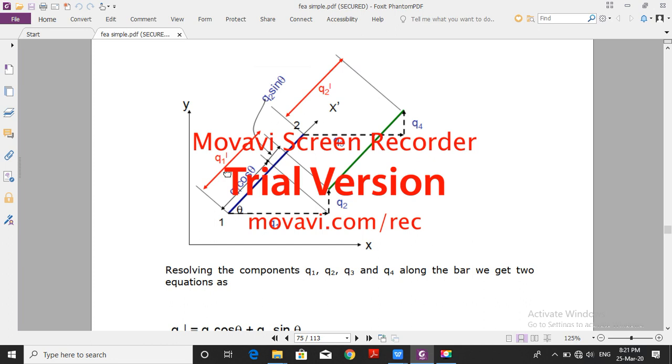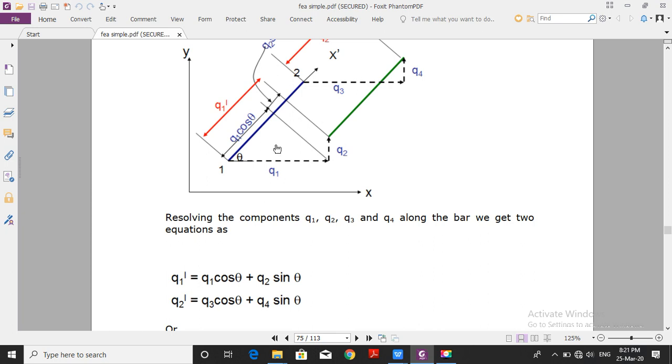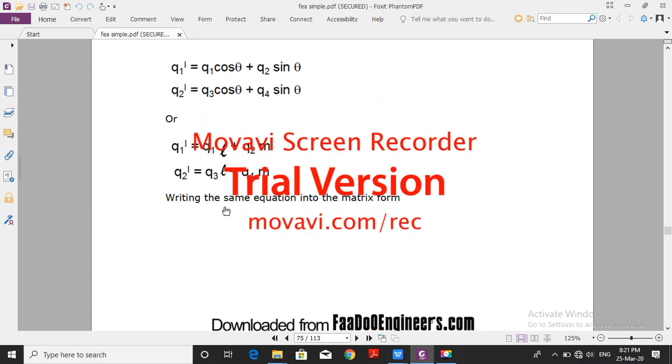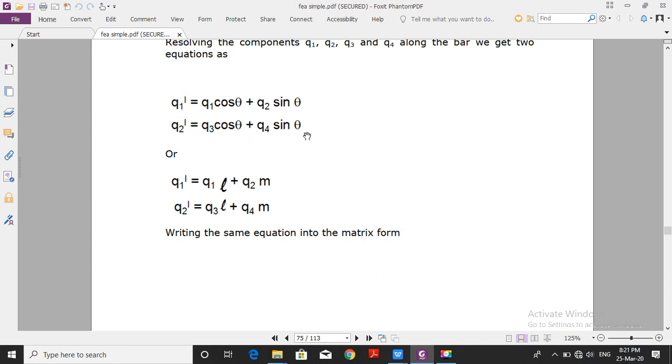As we know, q1 dash will be equal to q1 cos theta plus q2 sin theta. And q2 dash is equal to q3 cos theta plus q4 sin theta.